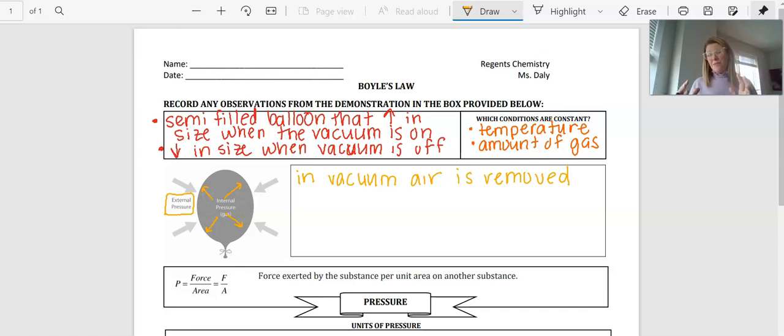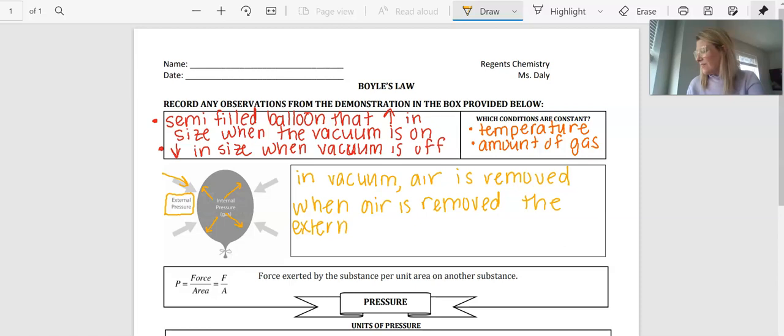If we remove all of that air, then we no longer have that pressure pushing downward on the outside of the balloon. So in the vacuum, when the air is removed, the external pressure decreases.